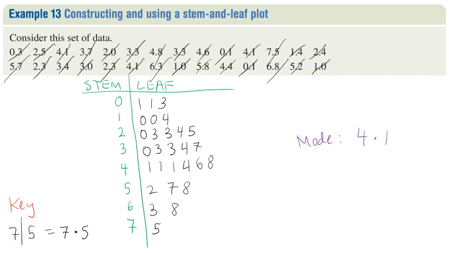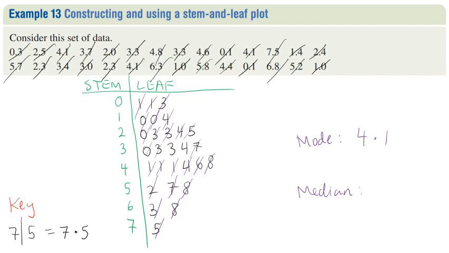Then if I want to find the median, remember I just count up until I reach the middle. So 1, 2, 3, 4, 5, 6, 7, 8, 9, 10, 11, 12, 13.